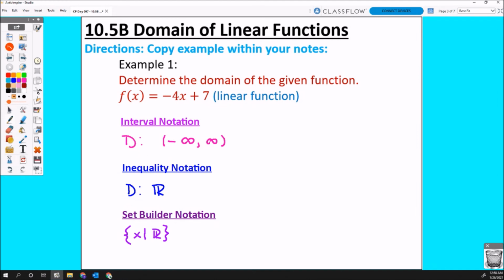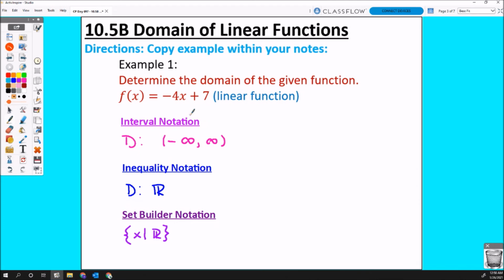So here are the examples on how to identify domain when it's all real numbers for interval notation, inequality notation, and set builder notation.